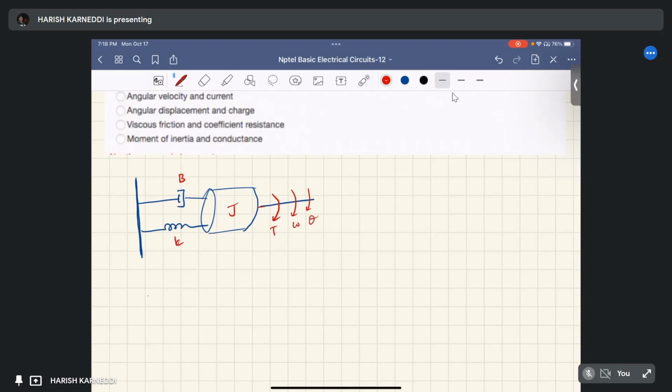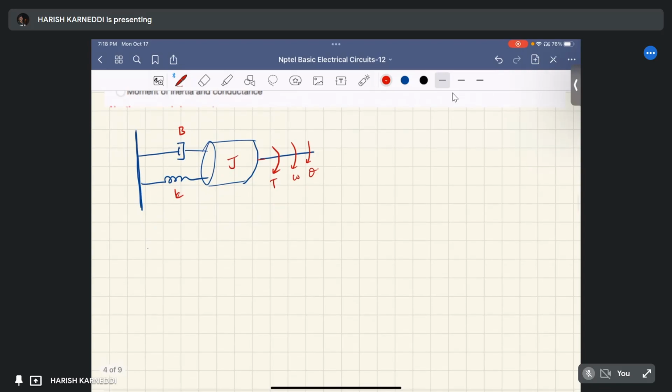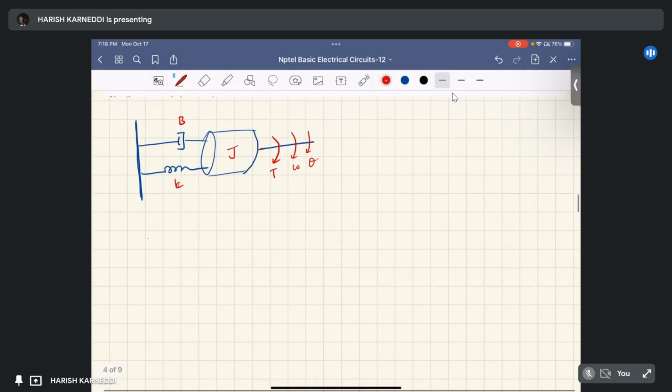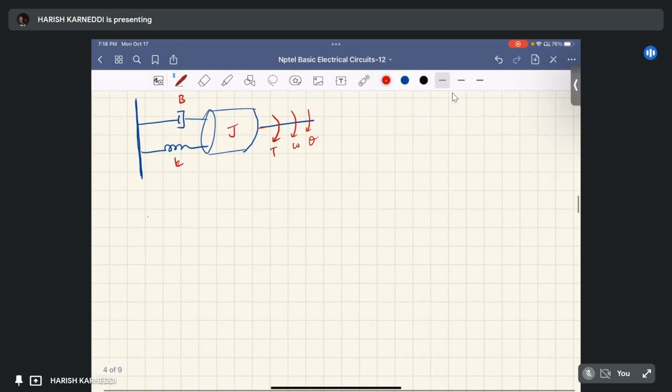From D'Alembert's theorem we can write the total torque produced, that is T, equal to J d omega by dt plus b into omega plus k into integral of omega dt.